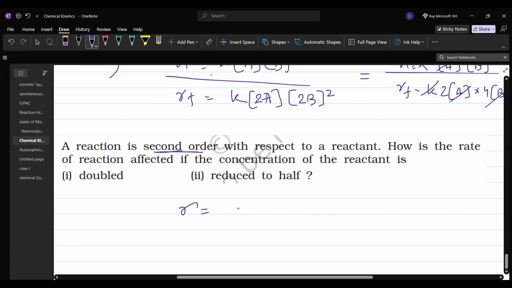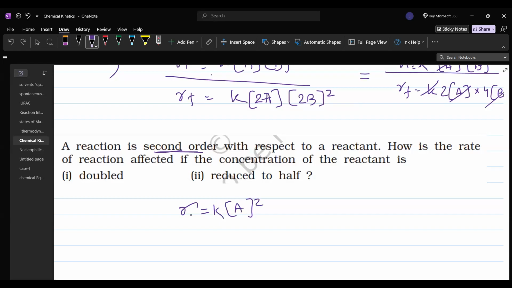So directly we will write it like this, right? Rishita. Yes, sir. So now what is it saying? How is the rate of reaction affected if the concentration of reactant is doubled?